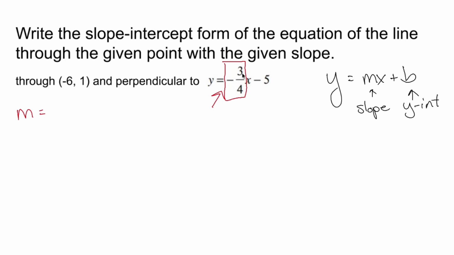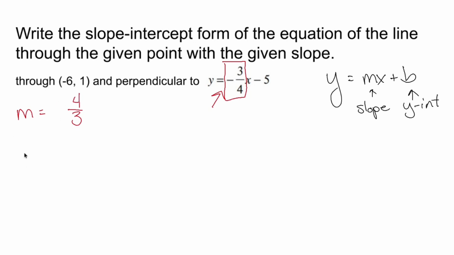The way you find the negative reciprocal of a fraction is you flip the fraction, so 3/4 becomes 4/3. And since this is already negative, you take the opposite of that, and that becomes positive. So the negative reciprocal of negative 3/4 is positive 4/3. So the slope that I want is positive 4/3.